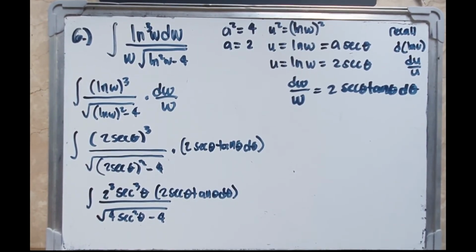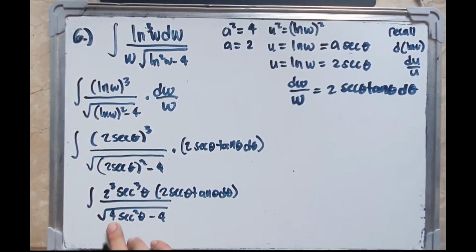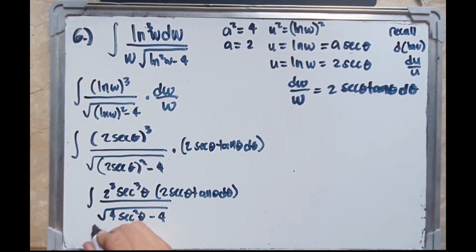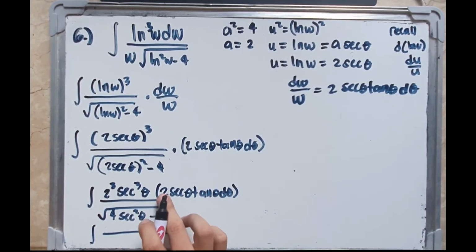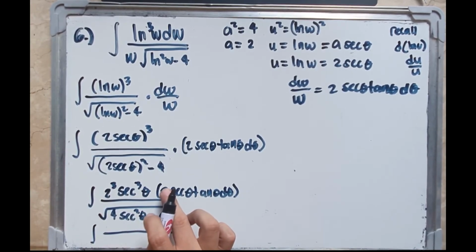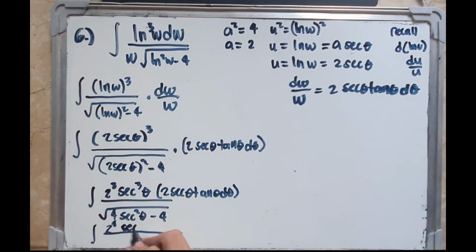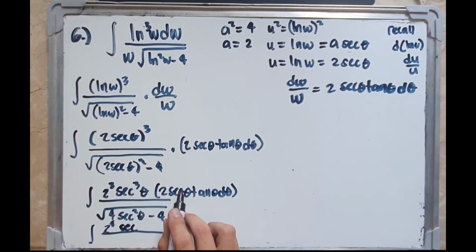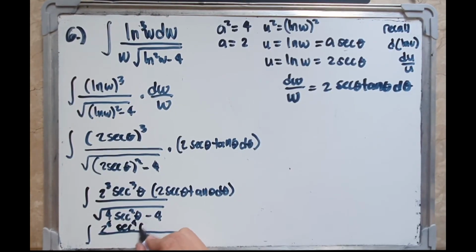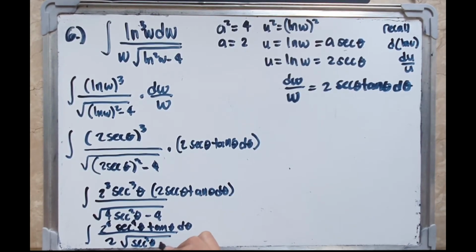Okay, factoring out the common factor 4, the square root of 4 is 2. 2 cubed and 2 give us 2 to the 4th. Let's have secant cubed and the secant we have right here, so secant to the 4th theta tangent theta d theta, all over, factoring out 4, square root of 4 that is 2, the square root of secant squared theta minus 1.